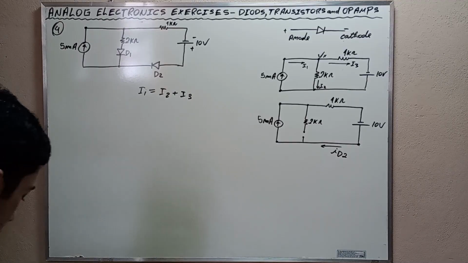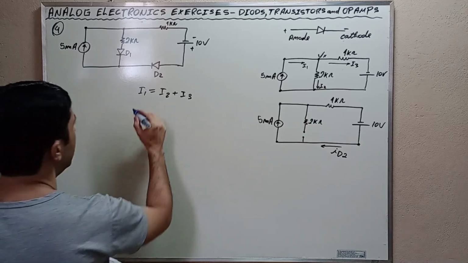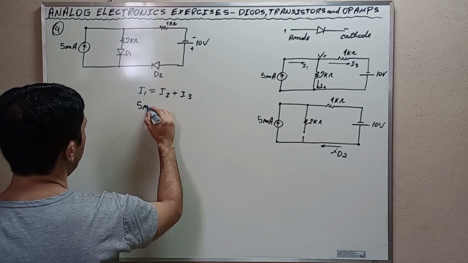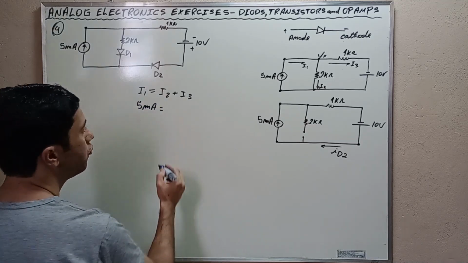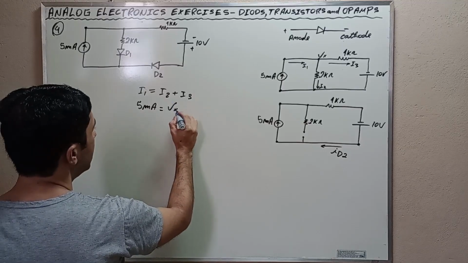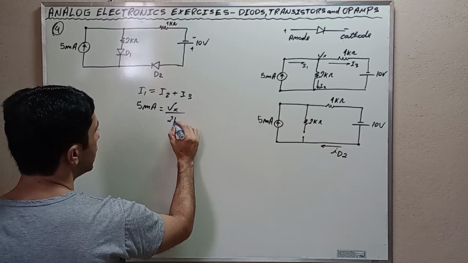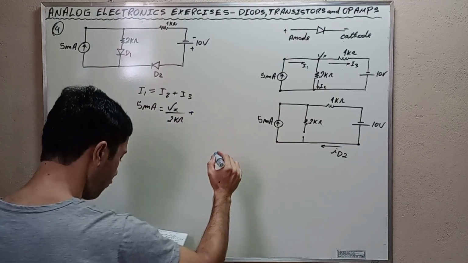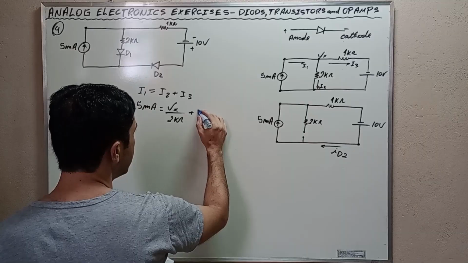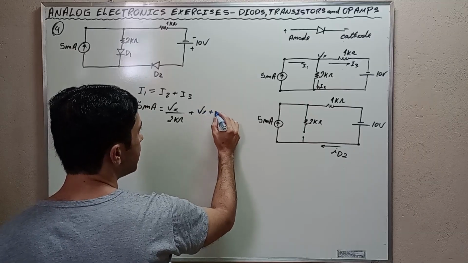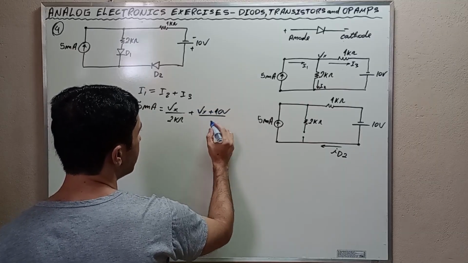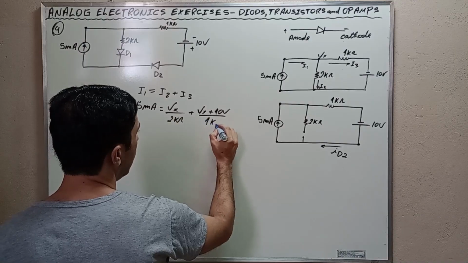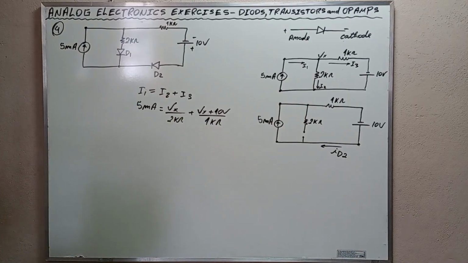I1 we already know. I1 is 5 milliamps. I2 is Vx divided by 2 kilo ohms. And I3 is Vx plus 10 volts divided by 1 kilo ohms, okay?